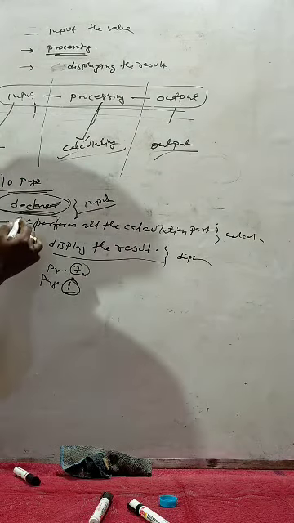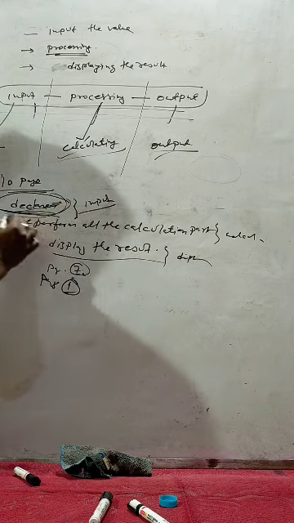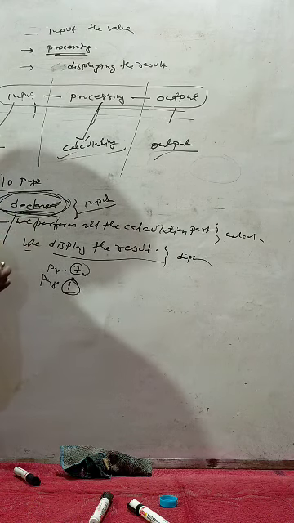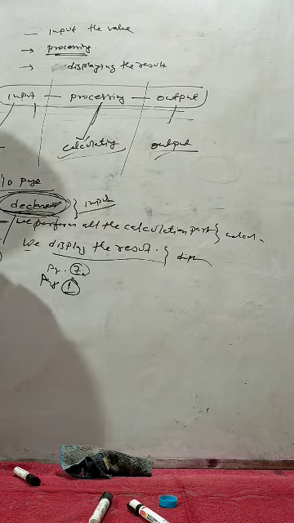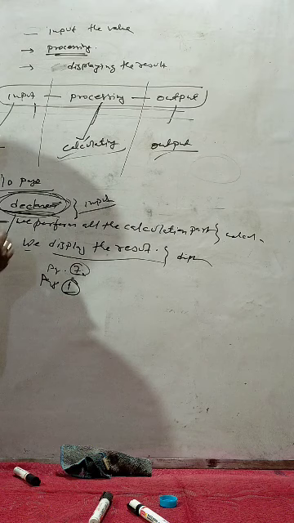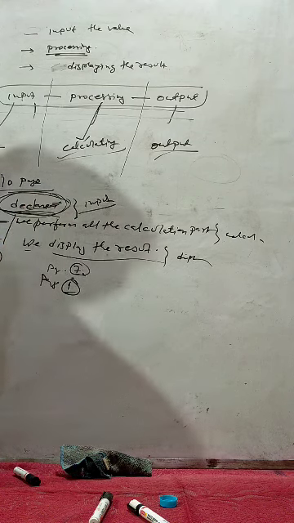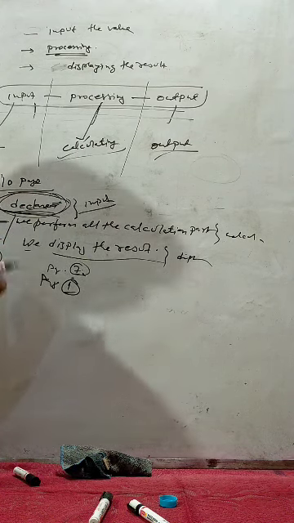So if we find an error in this part, that error will be either in page number 1 or page number 2. So this is very easy for us to find out the error, and if we find the error, it is very easy to remove it.